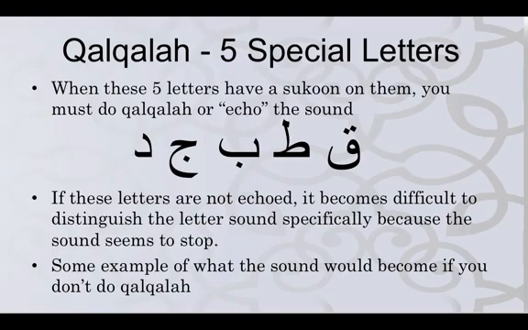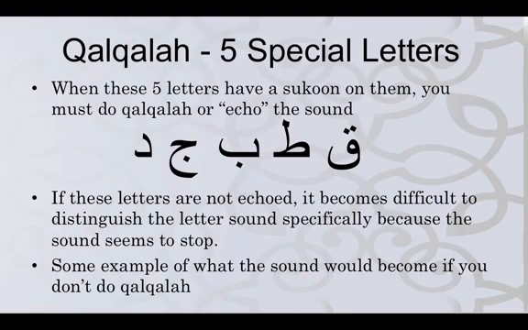And you will see the difficulty that arises if you don't do qalqalah on these 5 letters. Qutub jad. If you don't do the echo, the sound seems to stop and it causes an annoyance. As in, you can't tell what was just said. The sound is difficult to tell apart. That is why the qalqalah is made. That is why this echo is made.